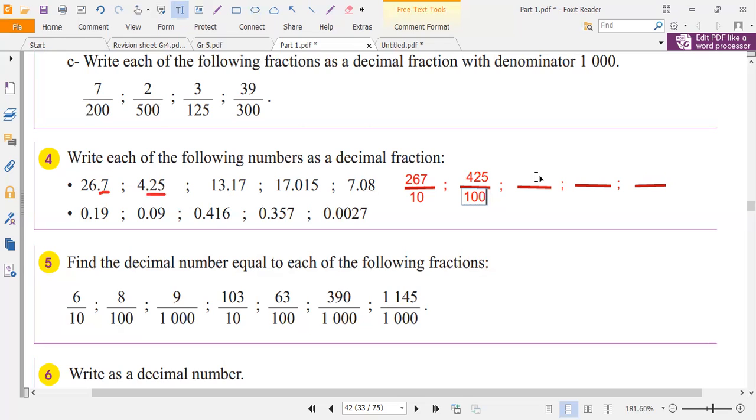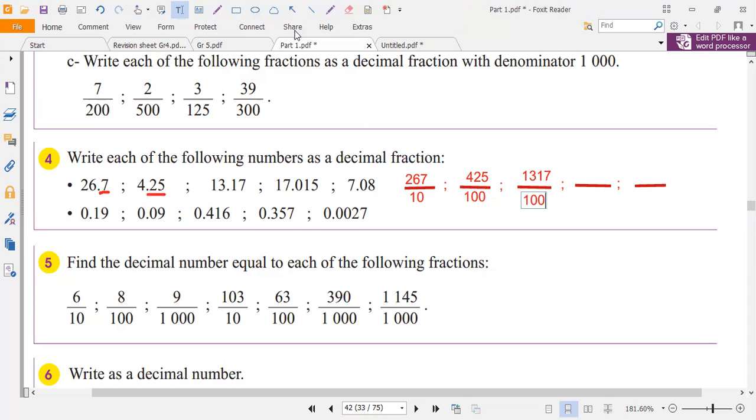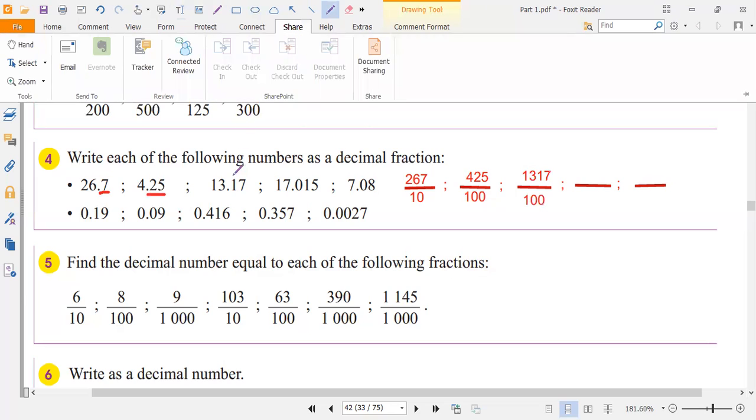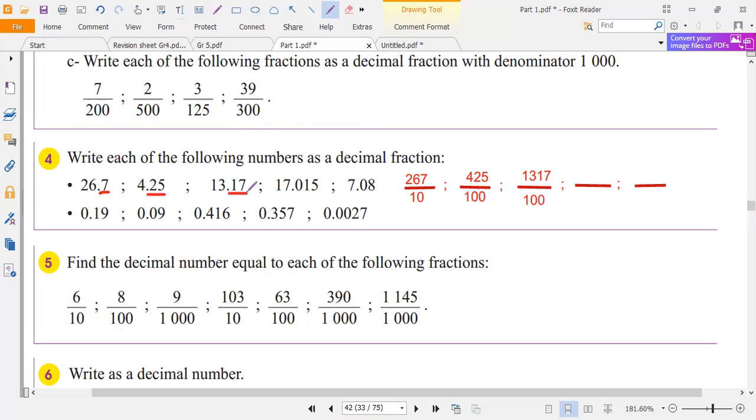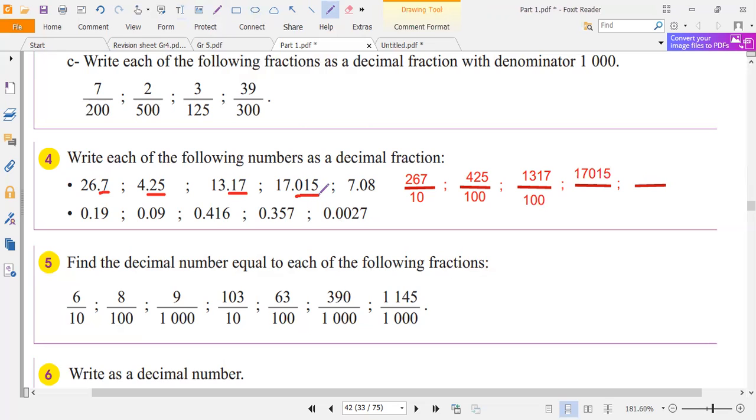Now 13.17, we write the number without point in the numerator, and in the denominator we write 100 because we have two digits after the point. Now this number, we write the number without point in the numerator, and we count how many digits we have after the point. 1, 2, 3.